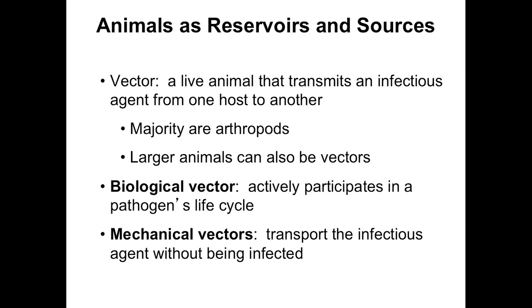Mechanical vectors, on the other hand, just carry microorganisms that could be pathogens on their body, and then when they land on something or brush up against something, it transmits the organism that way. It doesn't actually go internal, and it's not necessarily a part of the life cycle of the pathogen.